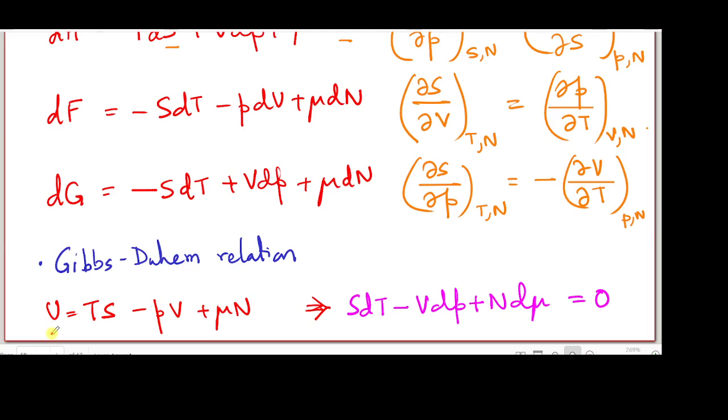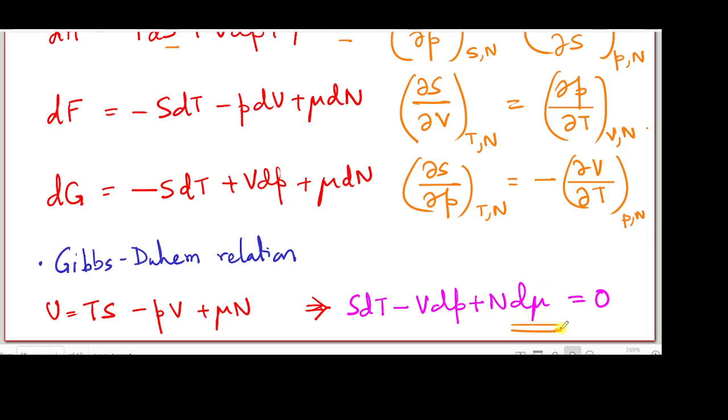And that means, of course, that dU is TdS plus SdT minus PdV minus VdP plus μdN plus Ndμ. And since TdS minus PdV plus μdN is already known to be dU, this immediately gives us a differential form of the Gibbs-Duhem relation, SdT minus VdP plus Ndμ equals 0.